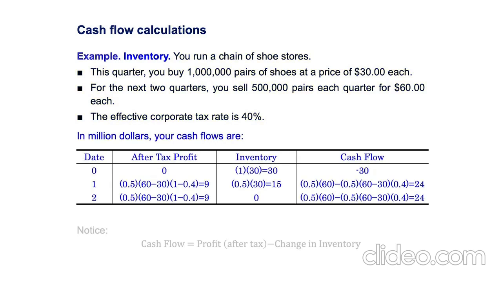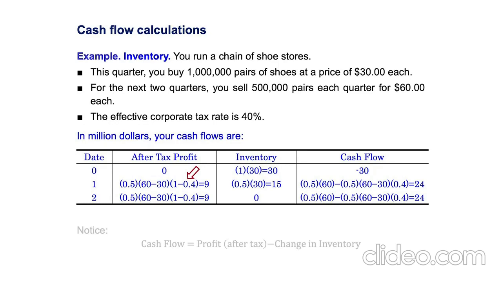The financial data are summarized in the table. The first column is time in quarters. The second column gives the after-tax accounting profit. In quarter 0, it's 0. In quarter 1, the accounting profit is sales, which is 0.5 million, times profit margin, which is 60 minus 30, the sale price minus cost for each pair of shoes, then times 1 minus the tax rate.